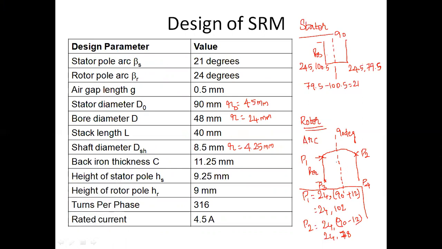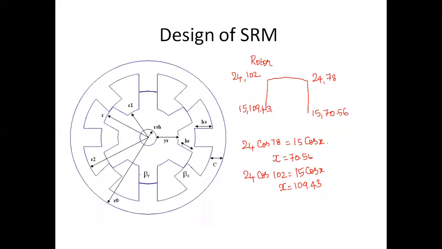Since it is 24 degrees, we will take 12 degrees this side and 12 degrees this side. So this will be 90 plus 12, and this will be 90 minus 12. First we are going to draw an arc from 24, 78 to 24, 102. If you see the difference, this will be 24, right?